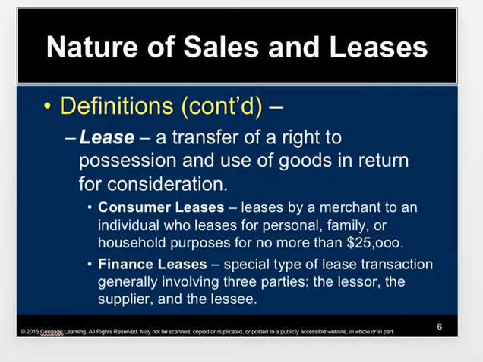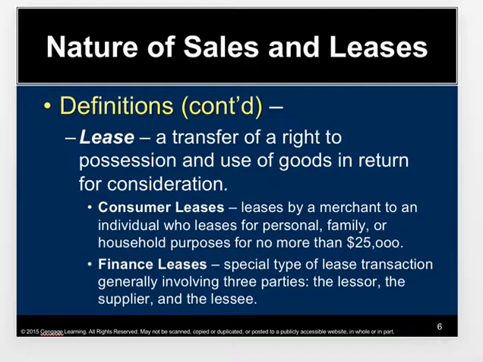So what about leases? Well, a lease is a transfer of a right to possession. That's key, right? It's the right to possess and use of goods in return for consideration. We have consumer leases and we have finance leases. Consumer leases are leases by a merchant to an individual who leases for personal, family, or household purposes for no more than $25,000.